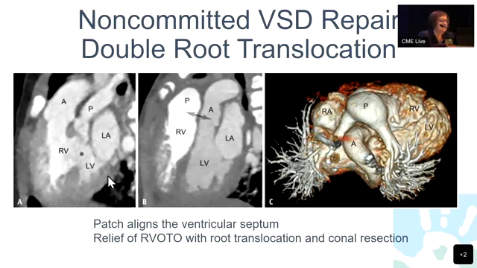This case was actually treated by a double root translocation, as we discussed yesterday, along with the relief of this subpulmonic narrowing right here. Because of that conal resection and the relief of that subpulmonary obstruction, sort of like we talked about yesterday, the neo-aortic valve actually was pretty adequate, and the LV to aorta pathway was unobstructed.